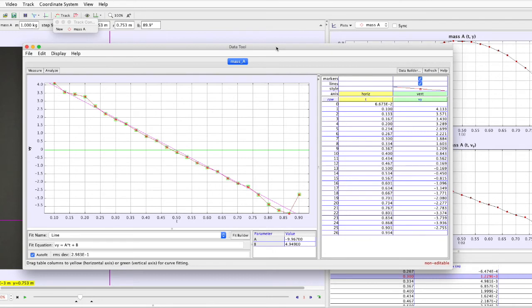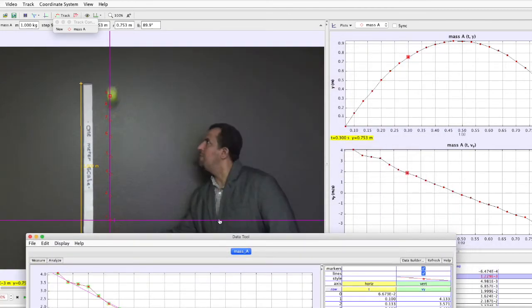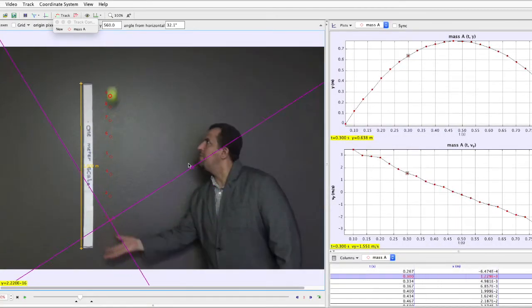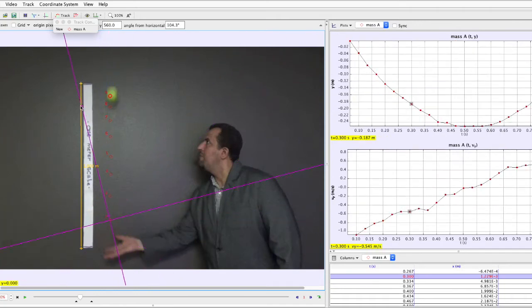That means the positive y-axis will be down and the negative y-axis will be up. I will just reverse the axis. I will rotate it like this, so I will rotate everything to that.